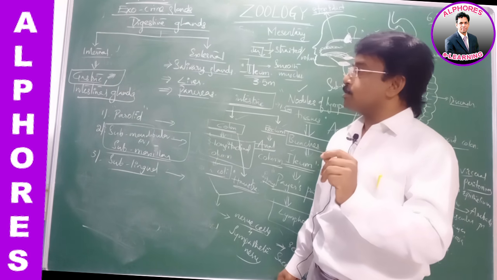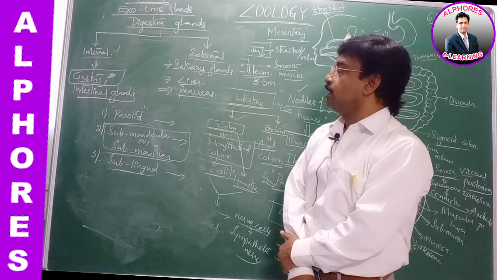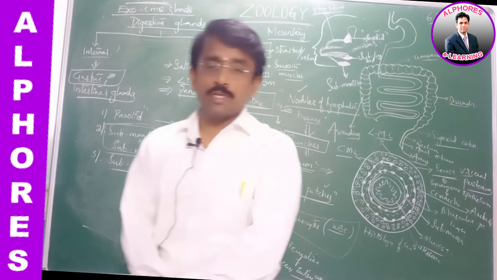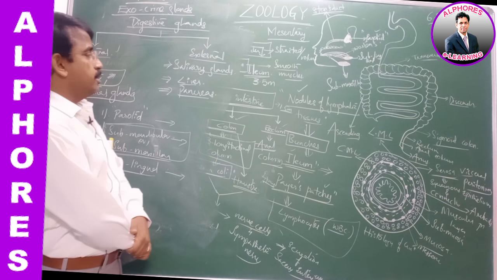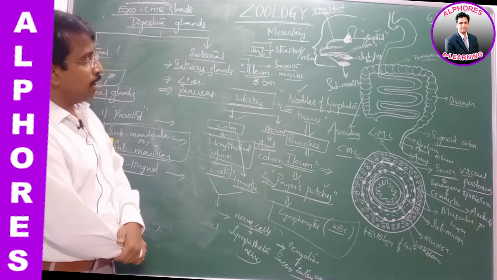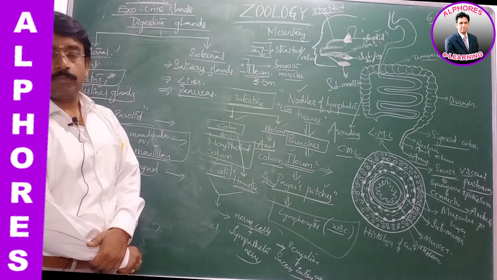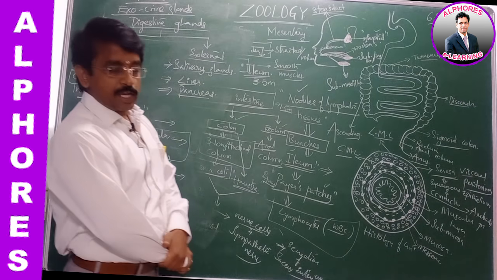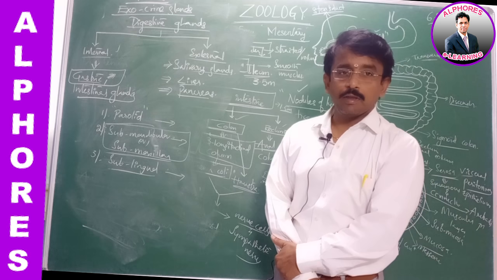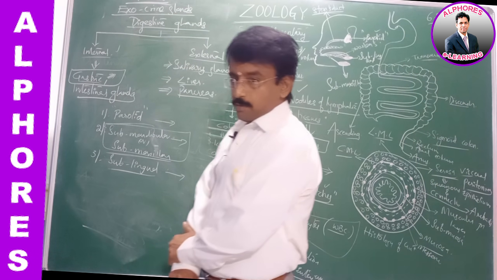Gastric glands are present in the mucosa region, so it comes under the internal exocrine, which includes the cells named the chief cells, the acidic cells or parietal cells, and the neck cells.